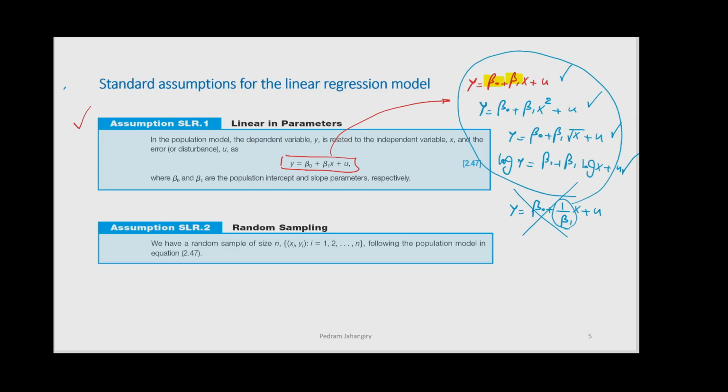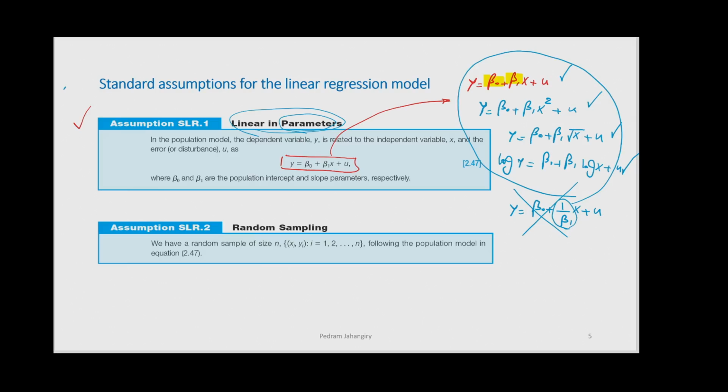Because without this assumption, OLS cannot solve for beta hat 0 and beta hat 1. The mathematical explanation is a little more challenging, but I'll leave it to you if you're interested. And if you have any questions, I'm going to go over it in our face-to-face class. But for now, just remember, we need linearity in parameters, not in the variables.